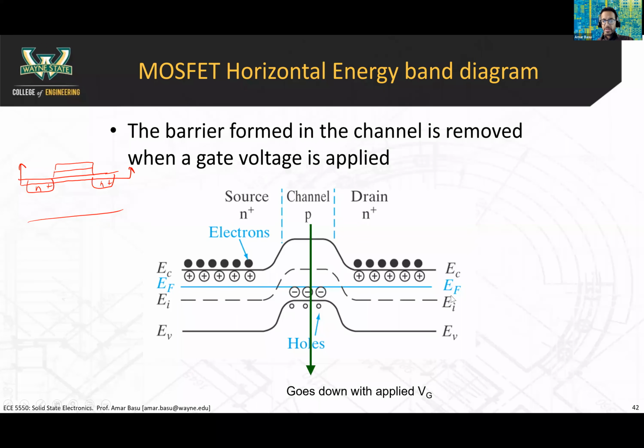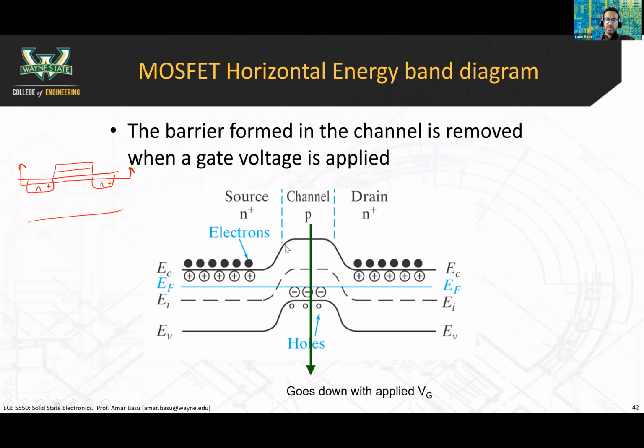We've drawn these types of band diagrams before where you have an equilibrium band diagram, the Fermi level is a horizontal line across like this, and then the other bands bend in order to maintain the Fermi level at the same position in each of the respective sections. So this is your N-type material, this is a p-type material. In the N-type material, the Fermi level is close to the conduction band. In P-type material, the Fermi level is close to the valence band. When you put an N and P together, you get the band bending. And wherever you have a slope in here, this is where the depletion region is.